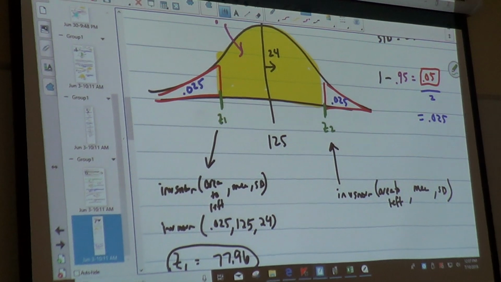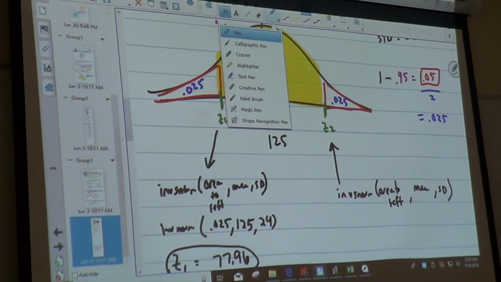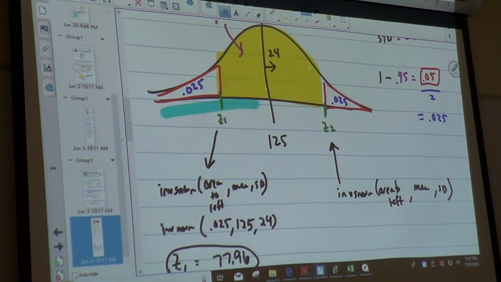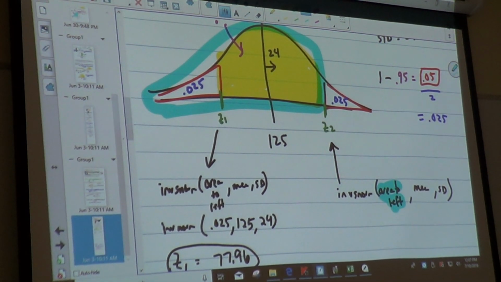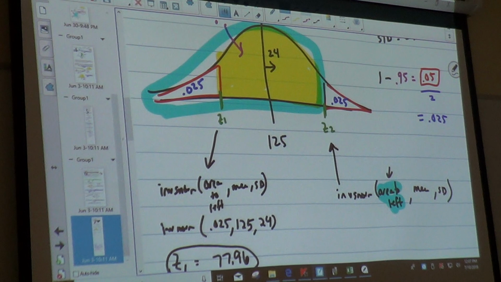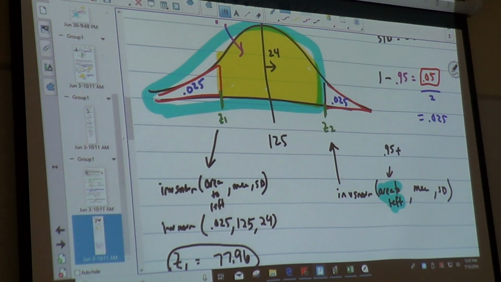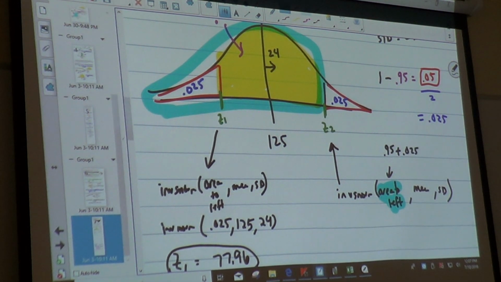It's going to be the 0.95 plus the 0.025, which is 0.975.